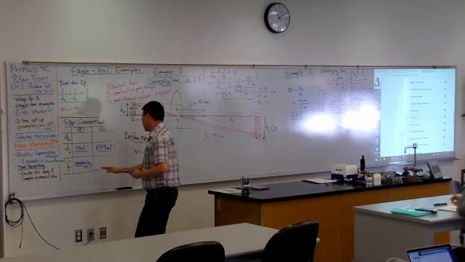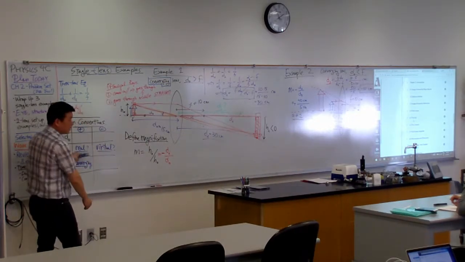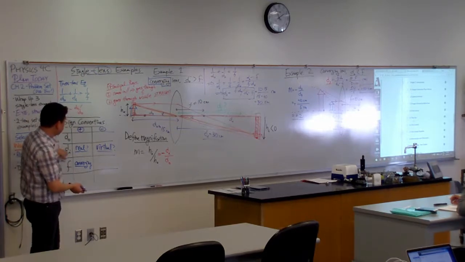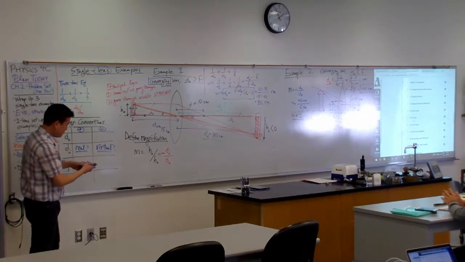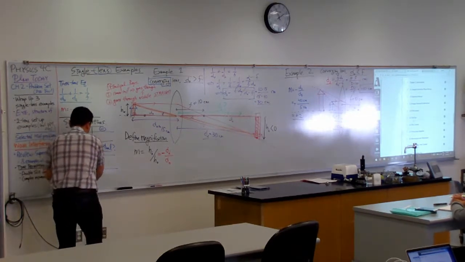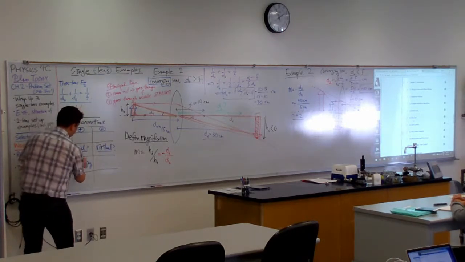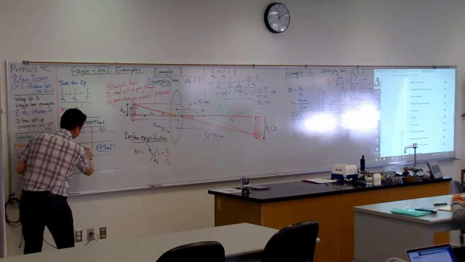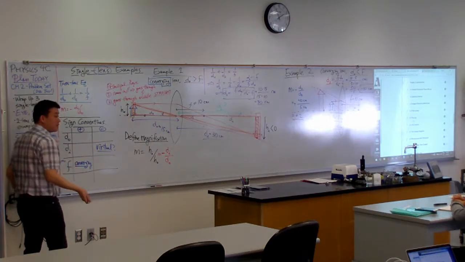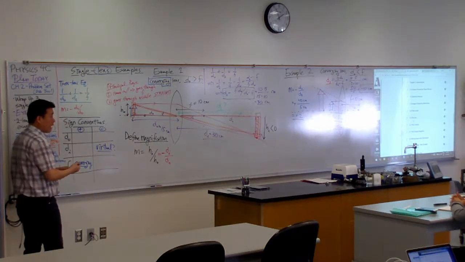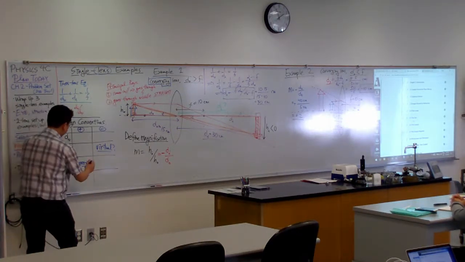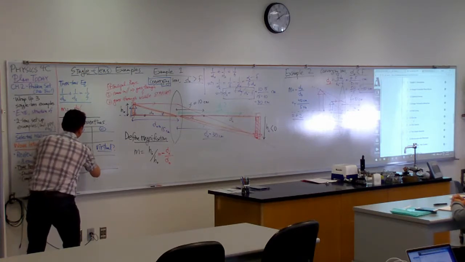So this is how I want to refine these initial guesses. Instead of saying the image distance is positive when it's a real image, I want to instead say the image distance is positive when the image is on the same side as the outgoing rays. It's going to be the same thing as real, it's just clear how to apply it.